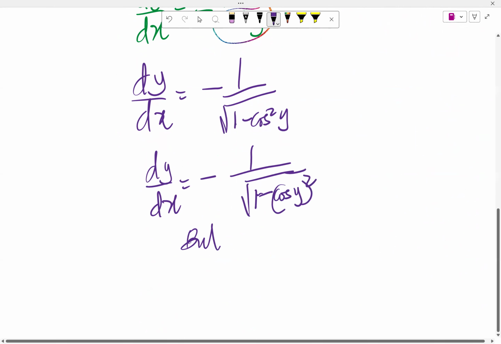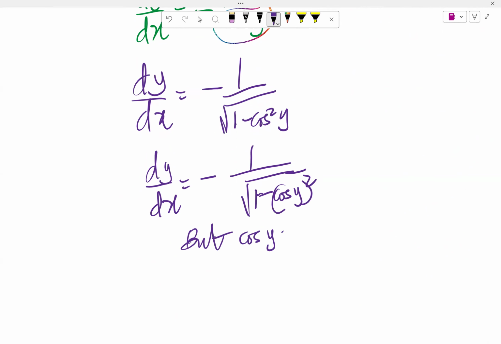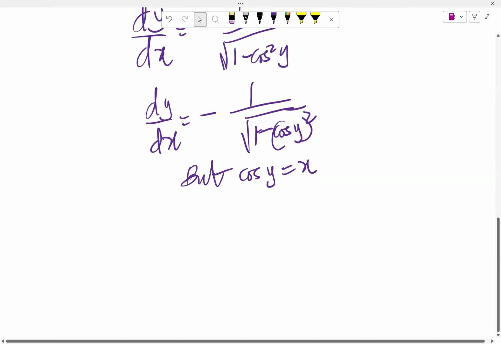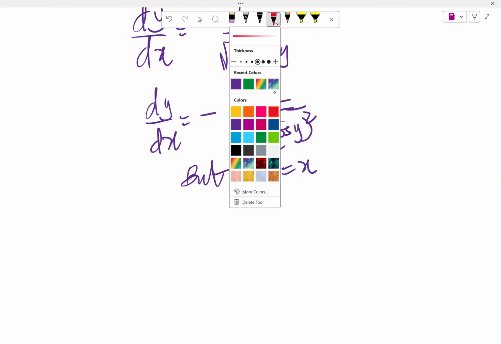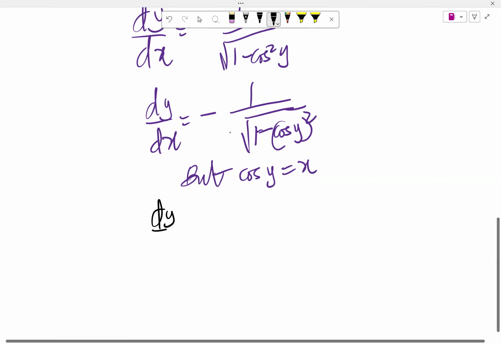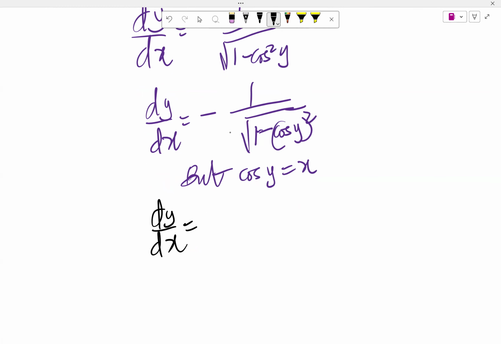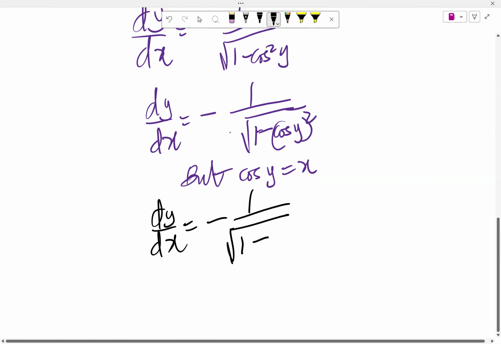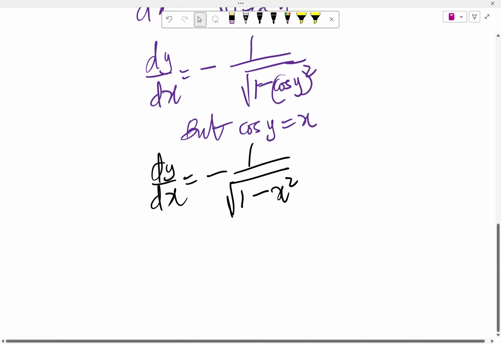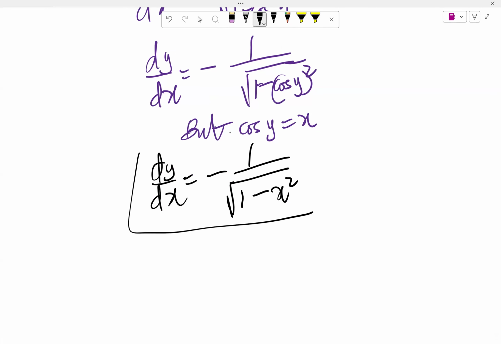But you know that cos y is equal to x. So then in that case, you just have dy dx is equal to minus 1 over the square root of 1 minus, so cos y is x, so this is just x squared. So with this now, you have everything in terms of x.